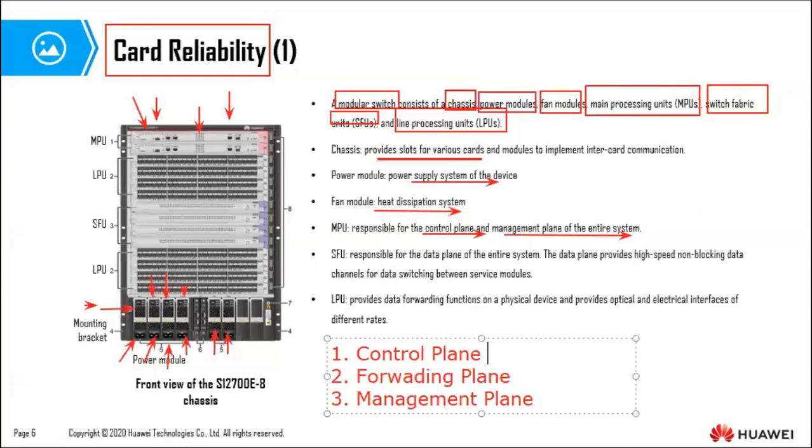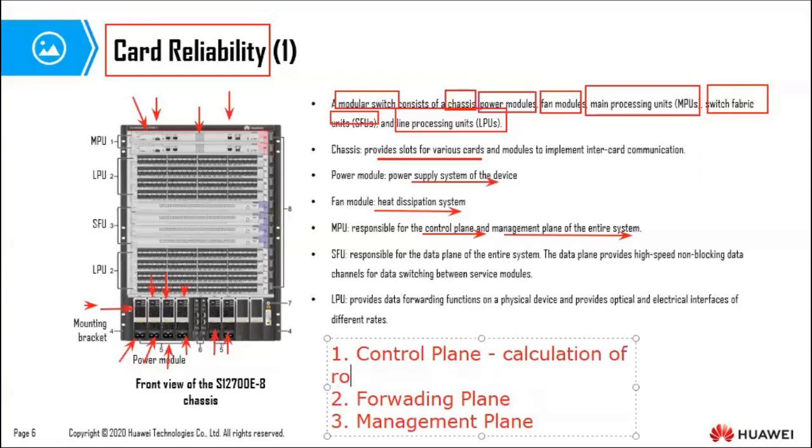So control plane is really used with a calculation of, for example, routes. So you remember, for example, we said that, like, for example, OSPF, the way it calculates the shortest path tree. So it's the control plane that does that. Then forwarding plane will now forward the data from the routing table.